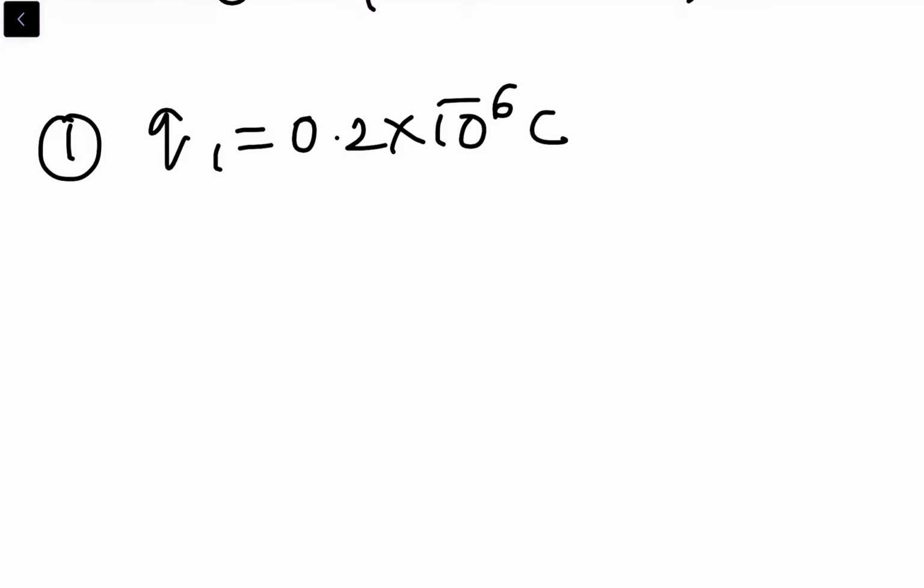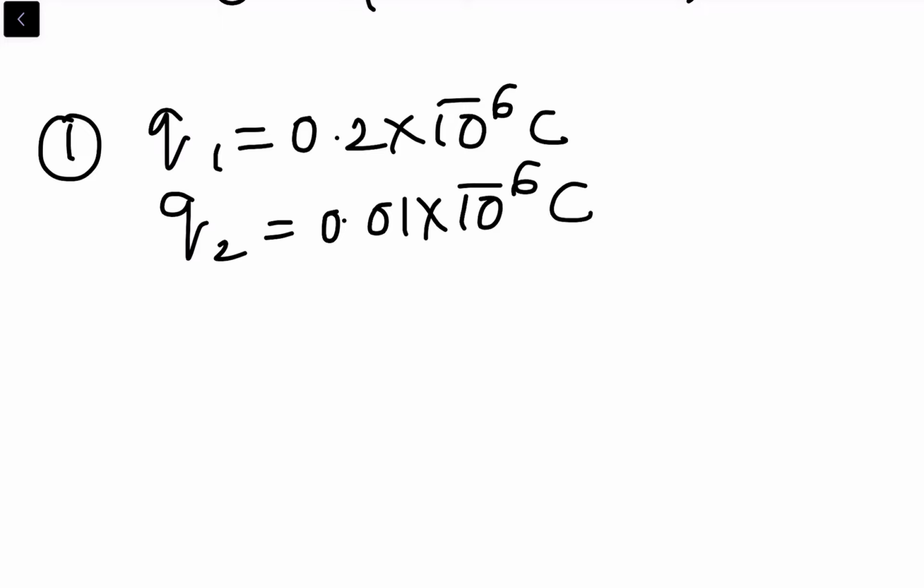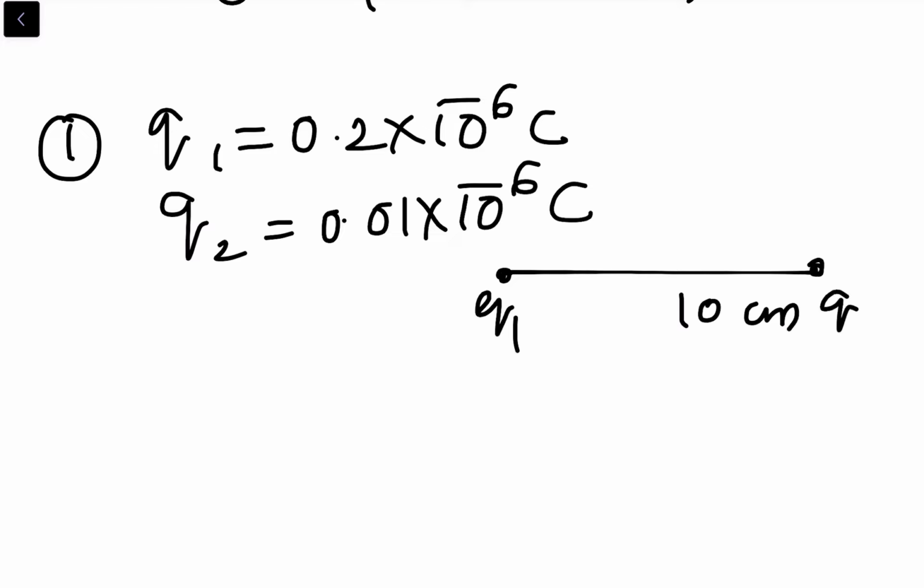Let us write here: Q1 is equal to 0.2 microcoulomb, which means 0.2 into 10 to the power of minus 6 coulombs. Q2 is equal to 0.01 into 10 to the power of minus 6 coulombs. Earlier the distance between them was 10 centimeters, but now it is reduced to 5 centimeters.